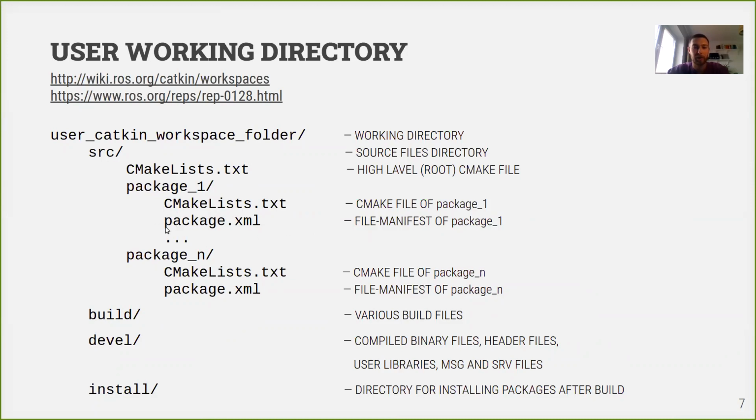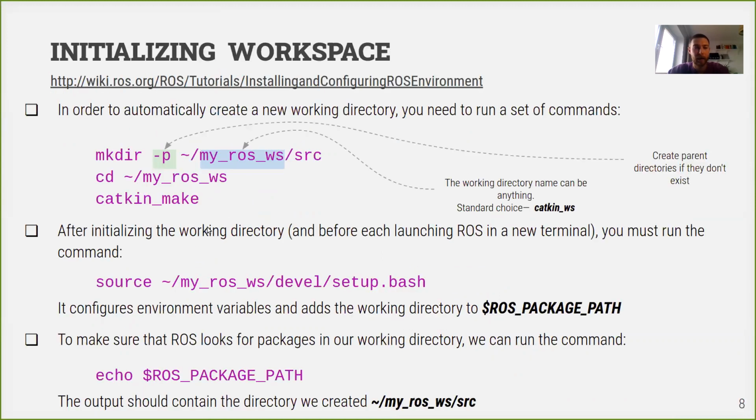And we know that from this package.xml, there is data which is used to generate a wiki page about a package, and also it is used in CMakeList to know which dependencies our package has.